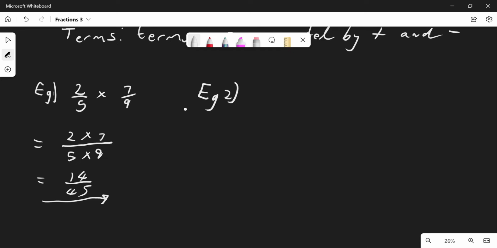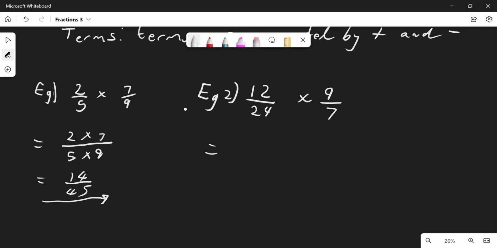Example 2: if I have 12 over 24 times 9 over 7, I am allowed to simplify my fractions first.